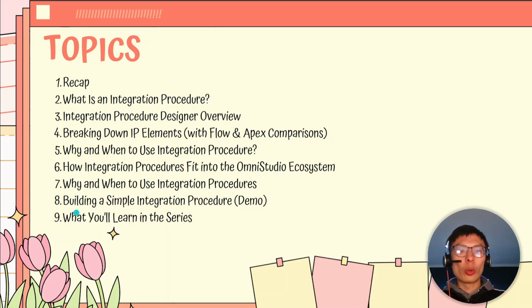And of course, we'll wrap it up by building a simple integration procedure together, step by step, so you can follow along. At the end, I'll give you a quick look at what's coming up next in this integration procedure video series. Let's get started.